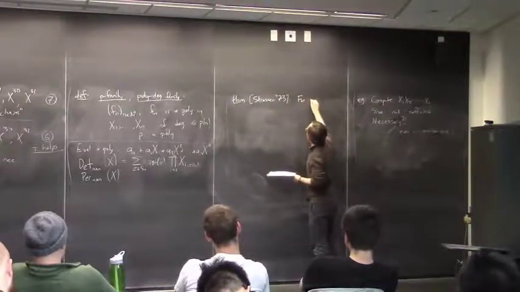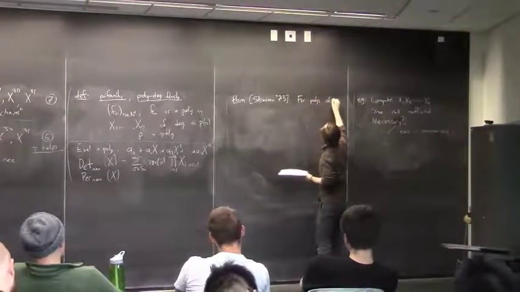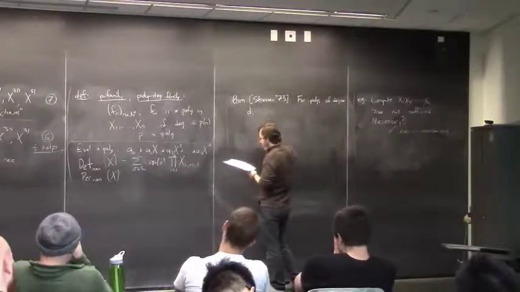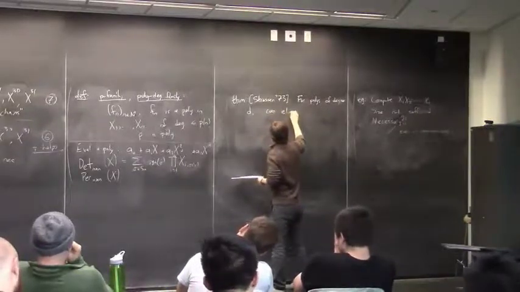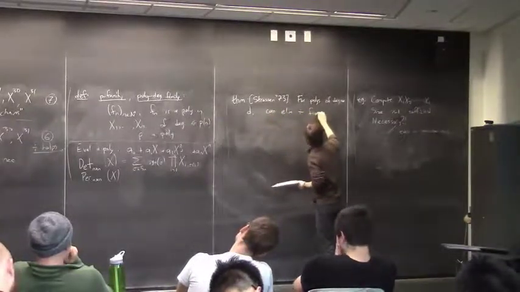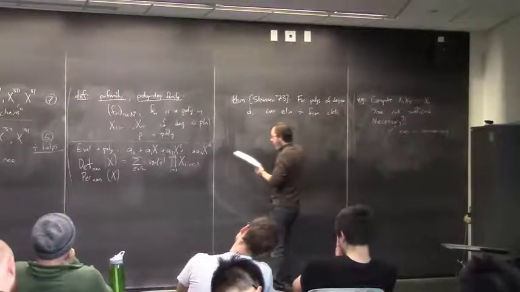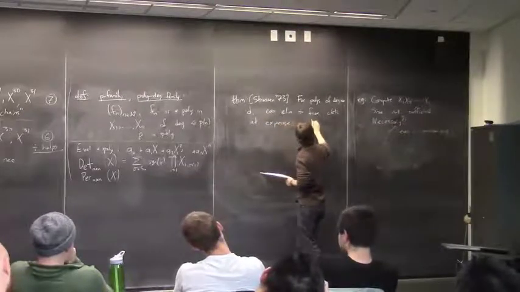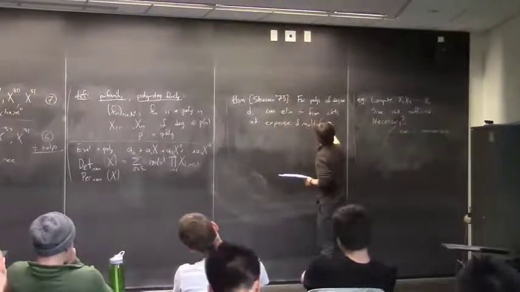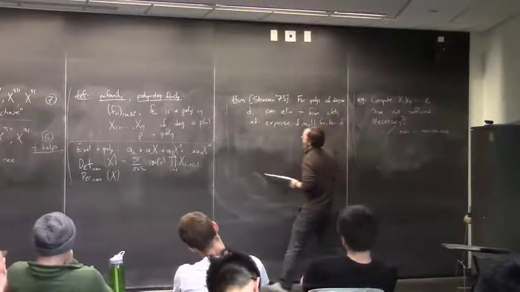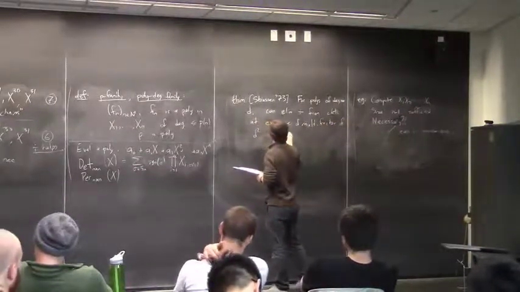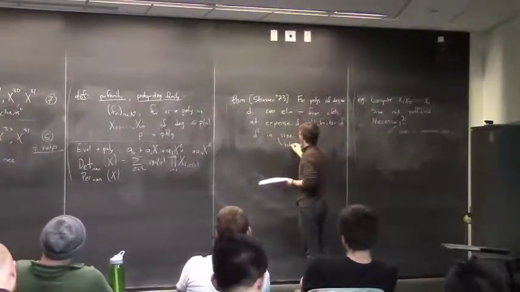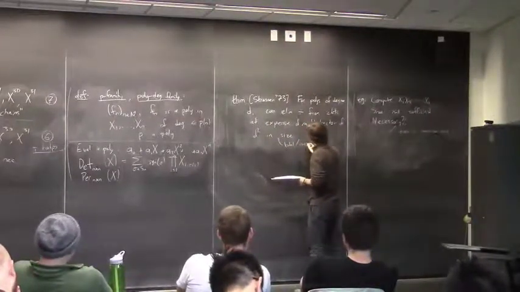For polynomials in n variables of degree d, you can eliminate division from algebraic circuits at the expense of a multiplicative factor of d squared in size. This is for either total or non-scalar size.